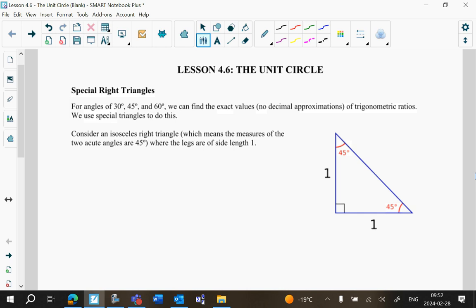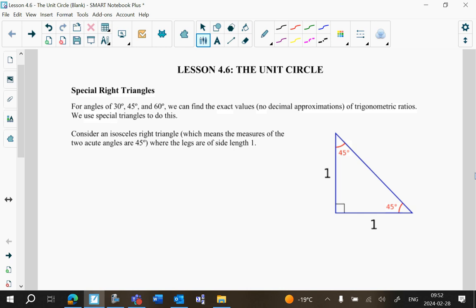So here is an isosceles right triangle. If a triangle is isosceles, that means that two of its sides are the same. If it's an isosceles right triangle, two of its sides are the same and the other angle must be 90 degrees to be a right triangle.